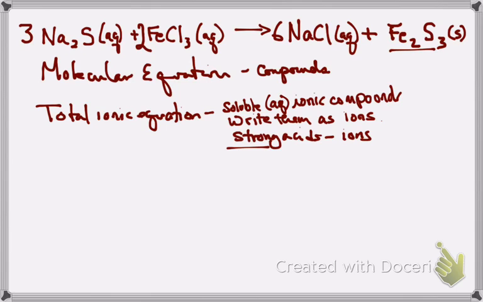I will define strong acids for you later. Suffice it to say, things like hydrochloric acid, pool acid, battery acid, sulfuric acid are all considered strong acids. Nitric acid, which you might not know, is also a strong acid. There are about 5 or 6 of them you have to have memorized.